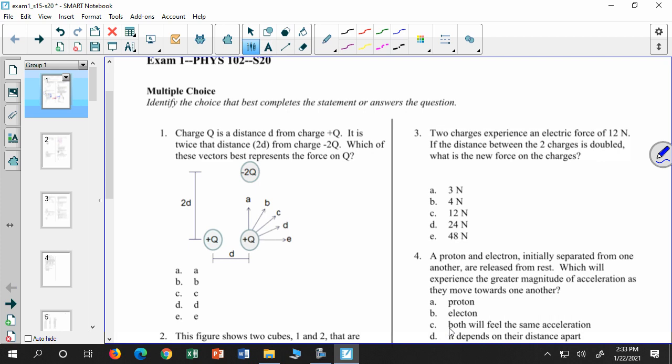You want to draw the vectors on the charge Q, the one with all the arrows coming out of it, such that they are in the right direction and they have the right relative sizes. So the force towards or for this charge will be attractive or repulsive? It's going to be repulsive, right?